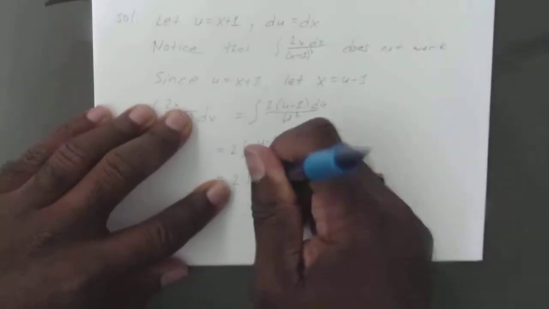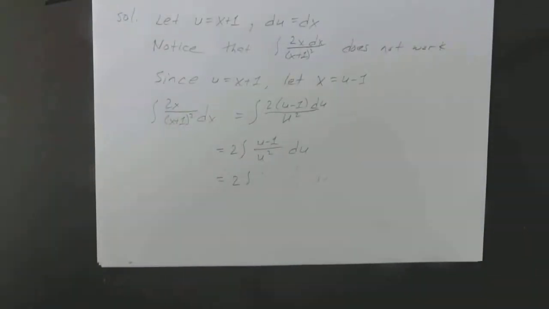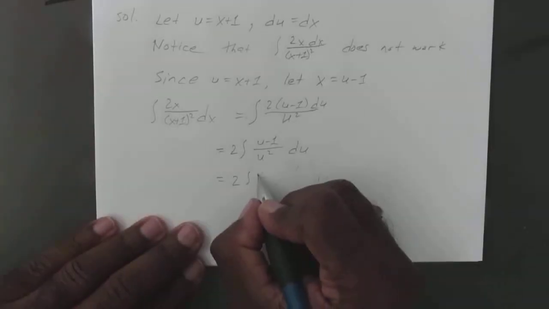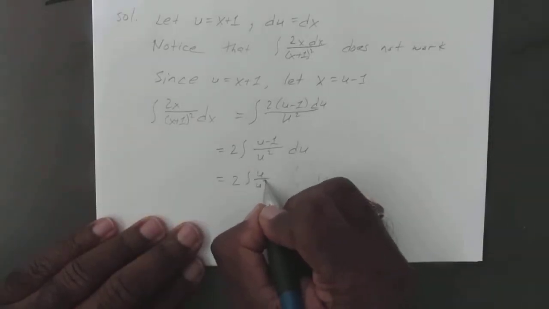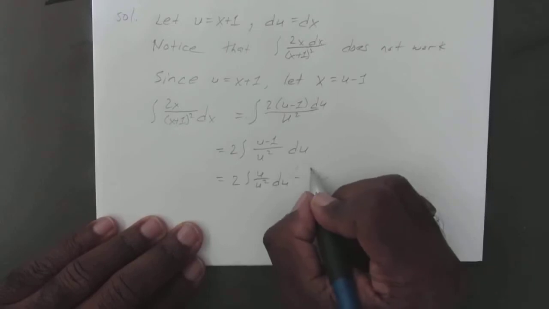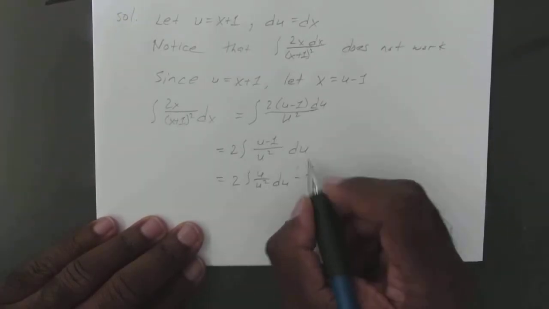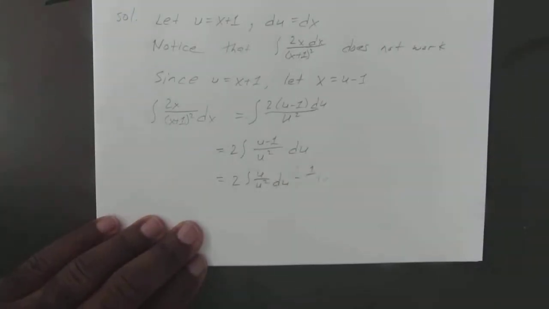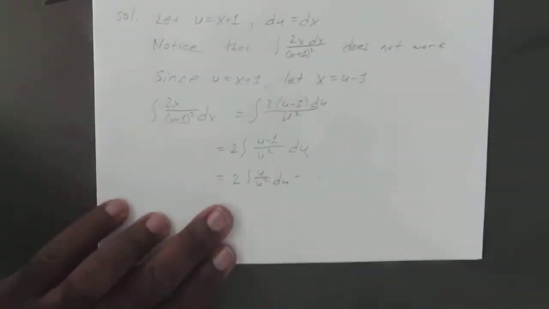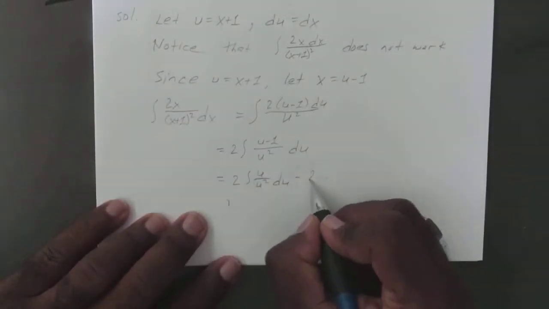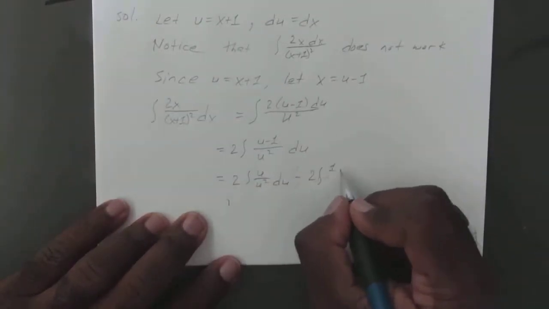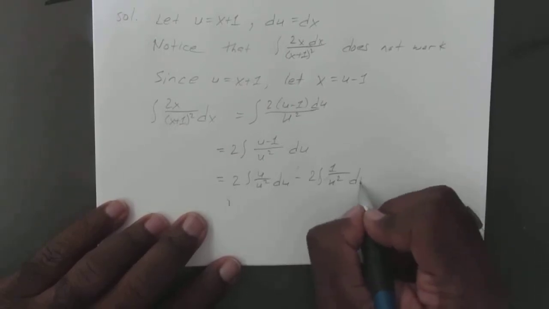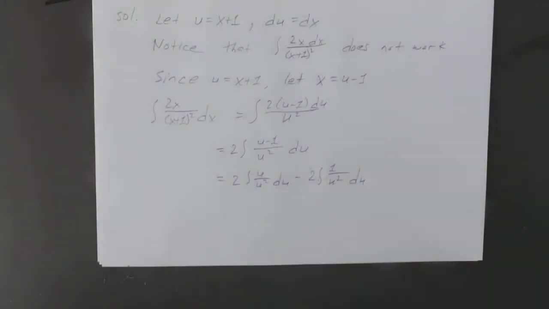Actually, I should have left that 2 there. Let me just write it with a little more room. Integral of u over u squared du minus 2, 1 over u squared du.